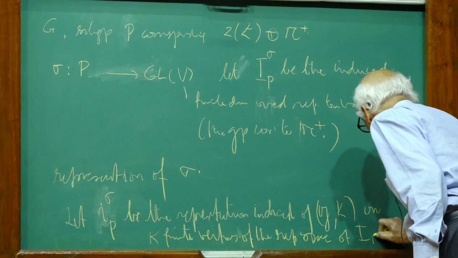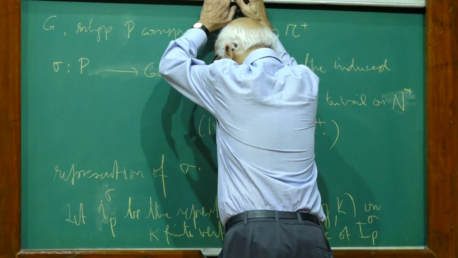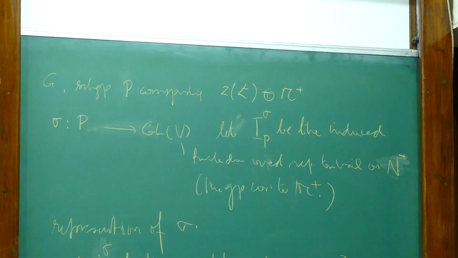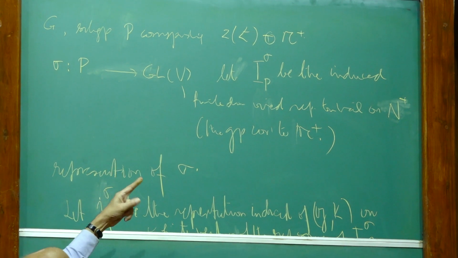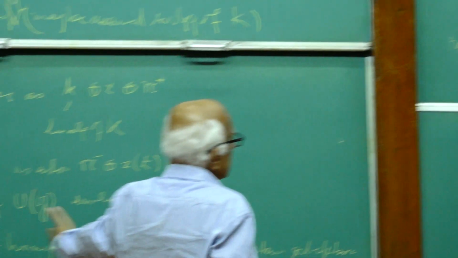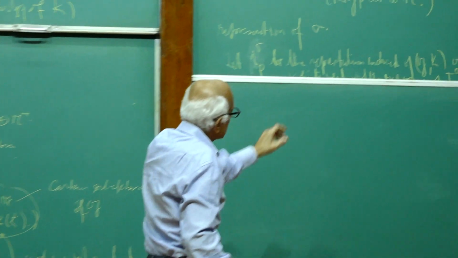I P sigma is what I call it. So if you look at K finite vectors in the representation space of the induced representation, that turns out to be a G K module. K acts on it obviously, and G operates.